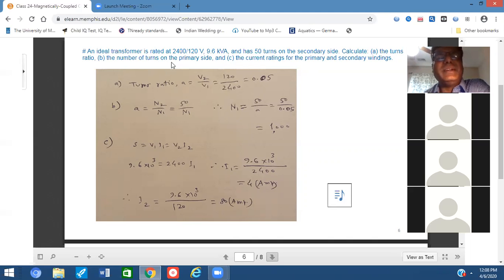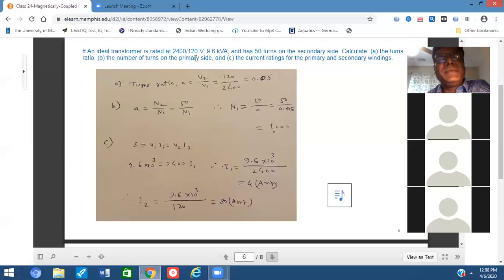Okay, so everybody, before finishing reading the full statement, say once again, the ideal transformer is rated 2400 slash 120. This means, if you see it that way, the left side number, which is 2400, is the primary side voltage. And the right side number, after the slash, 120 volt, is the secondary voltage.